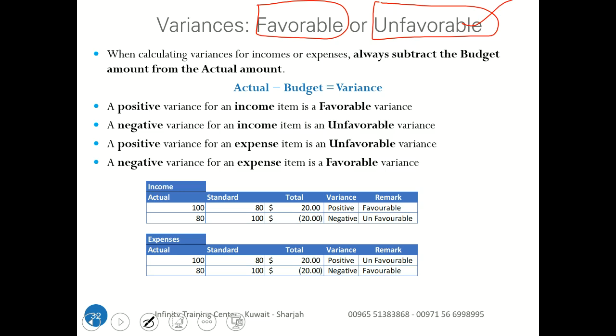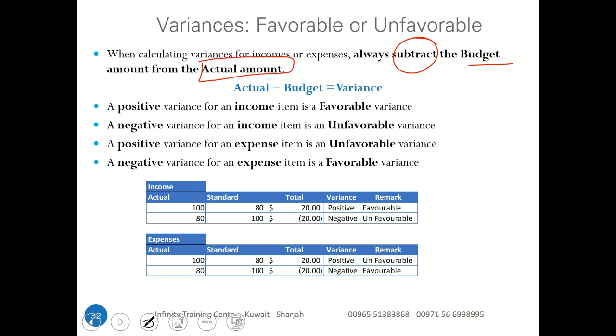In calculating the variances, the convention we use for the CMA exam is that we always subtract the budget amount from the actual amount. So your variance calculation is going to be actual amount minus the budgeted amount. That is going to be your variance.